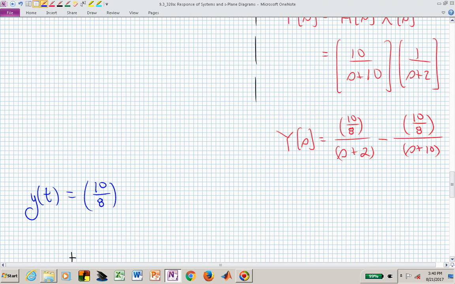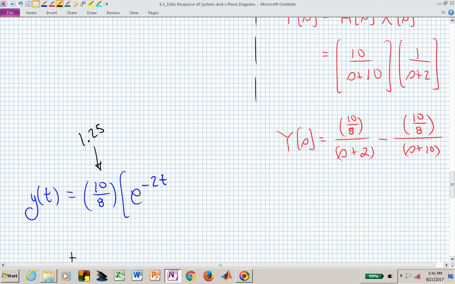What's the inverse Laplace transform of 1 over s plus 2? Well, that's just e to the minus 2t. And that's scaled by 10 over 8, or one and 2/8, and 2/8 is 1/4, so we have 1 1/4.